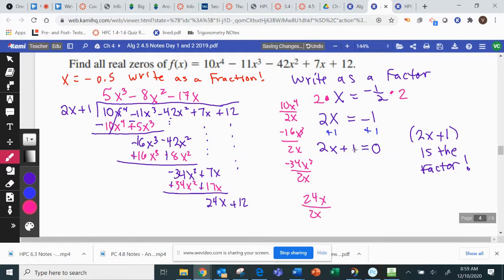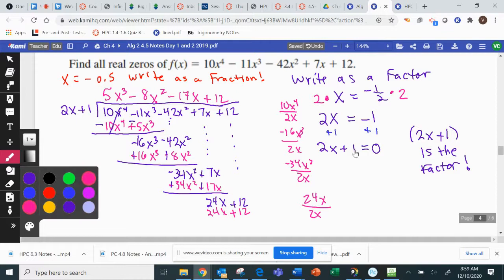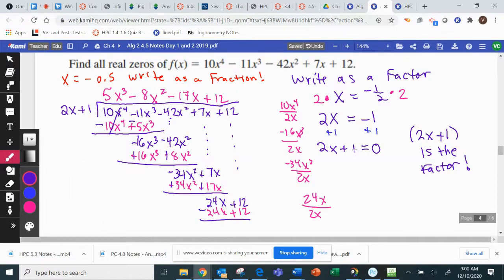And I get 12. Multiply. Subtract, draw the line, change the signs, and I get a remainder of 0. That's good. It needed to be a remainder of 0.